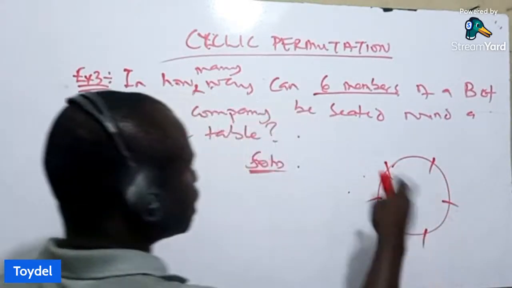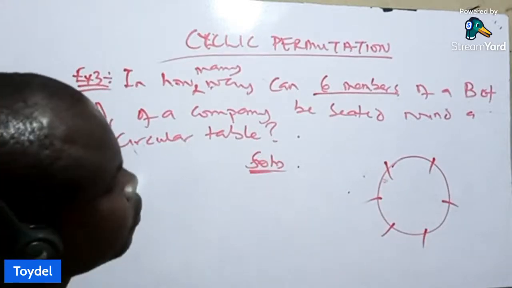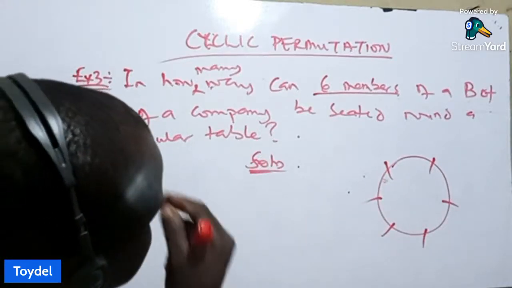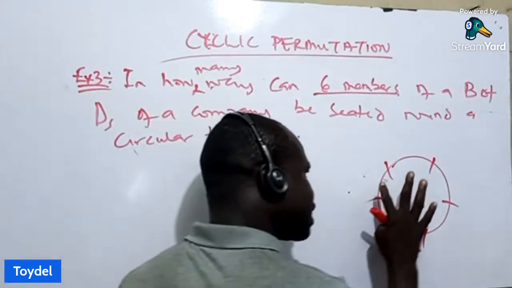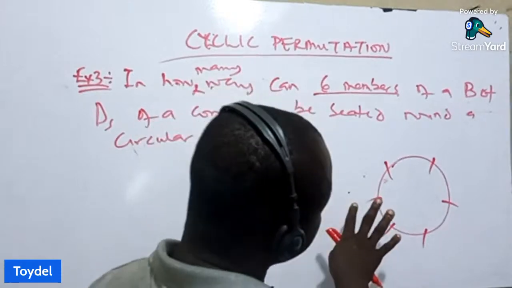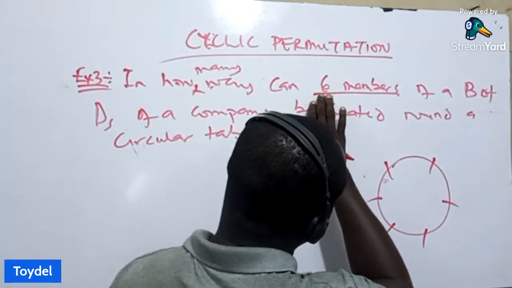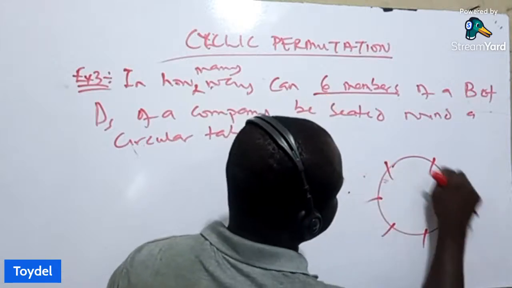So in how many ways can we arrange them using this type of table? In this case, this has to do with human beings, so we can only consider it at a go. The table cannot be turned upside down. So since we are dealing with living things now, this is what we are going to have.